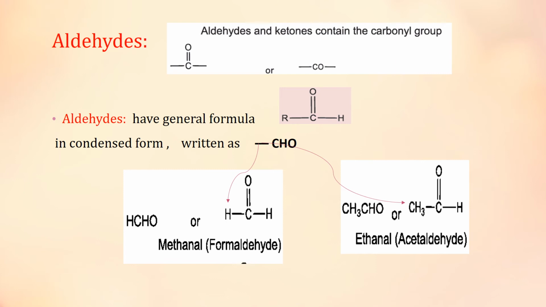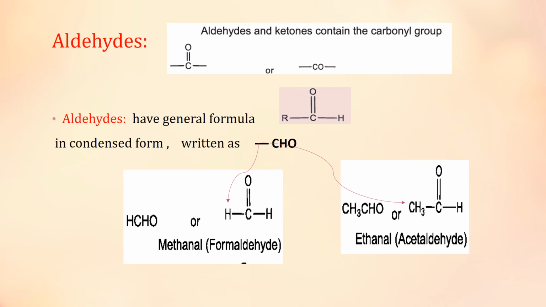It means the general formula for an aldehyde will be R-C double bond O-H. On one side of the carbonyl group is the R group, meaning an alkyl group, and on the other side it is always hydrogen. So an aldehyde means a carbonyl group having one hydrogen atom on its side. It is the functional group of the aldehyde, and in the condensed form you can write this general formula as CHO.